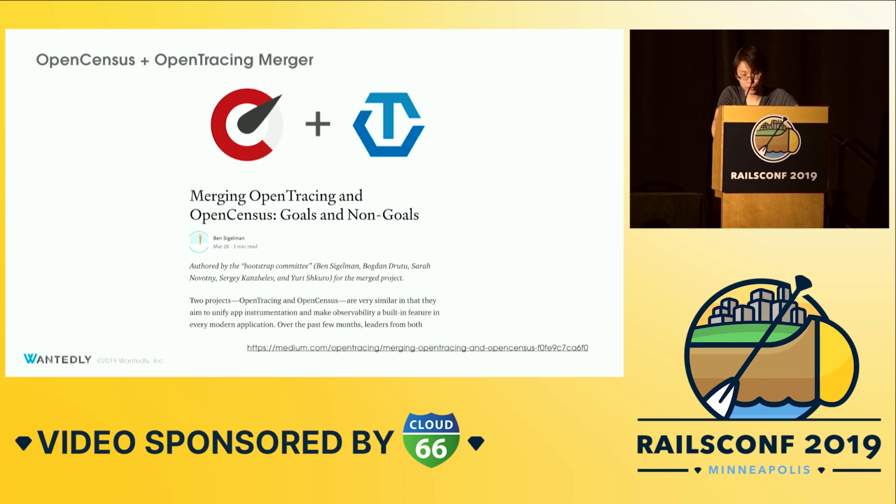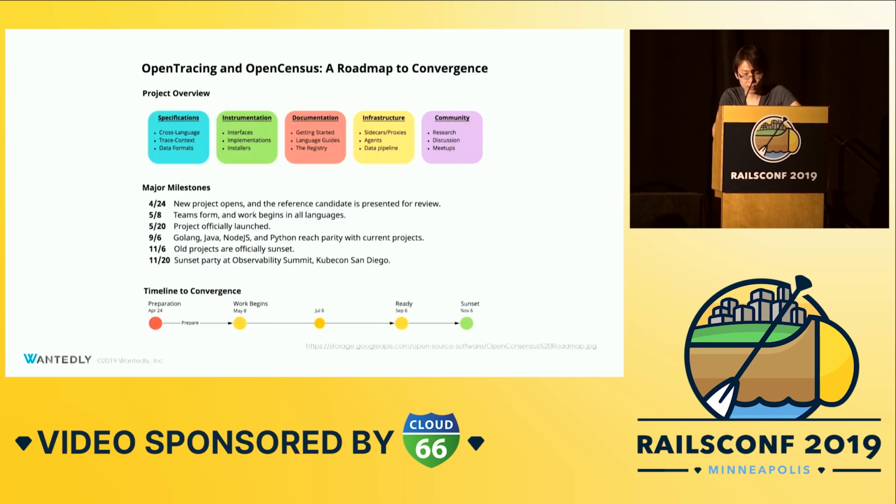You can Google it for more detailed information. So this is the timeline of the merge. It's already kind of started, and by I think November, they will have merged libraries. But no worries about that. They promise backward compatibility for the time being, so you can start using OpenCensus now.